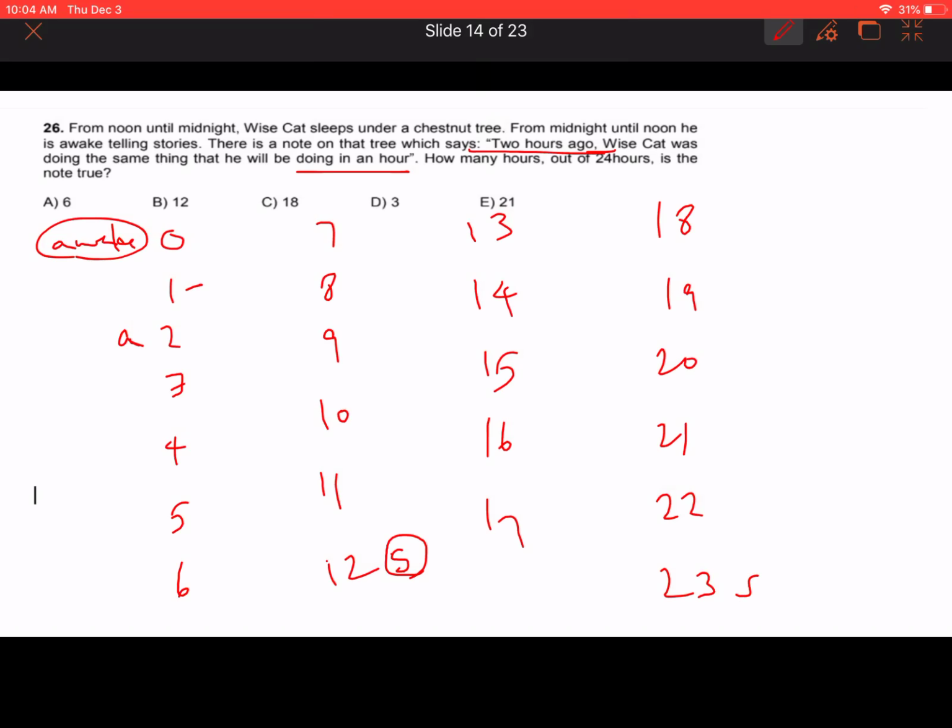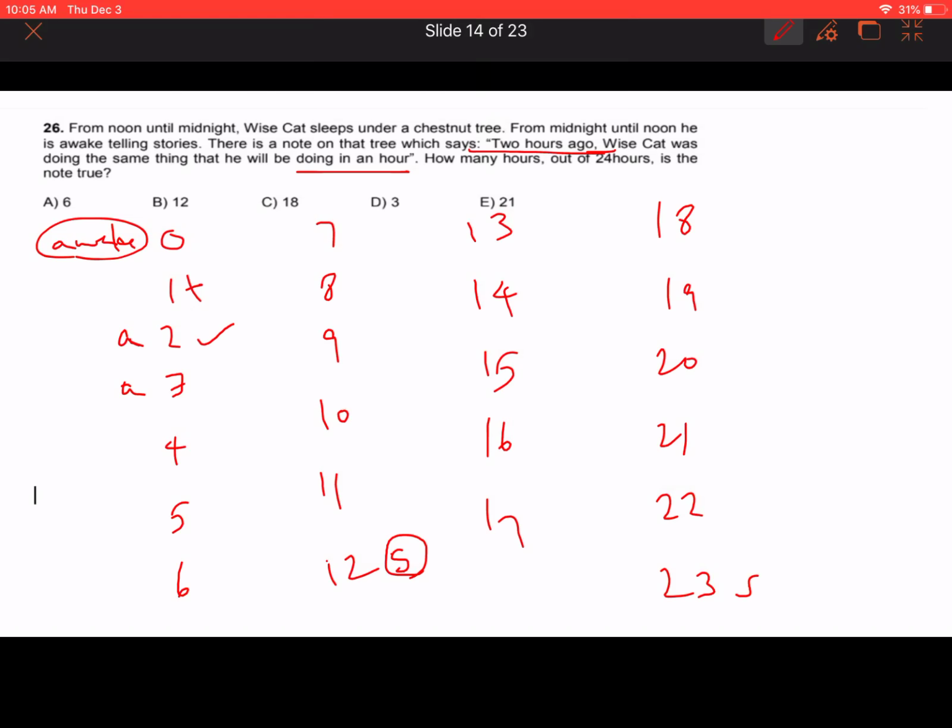So let's count the second hour. 2 hours before he was awake, and 1 hour after that also he is awake, so he is doing the same thing.